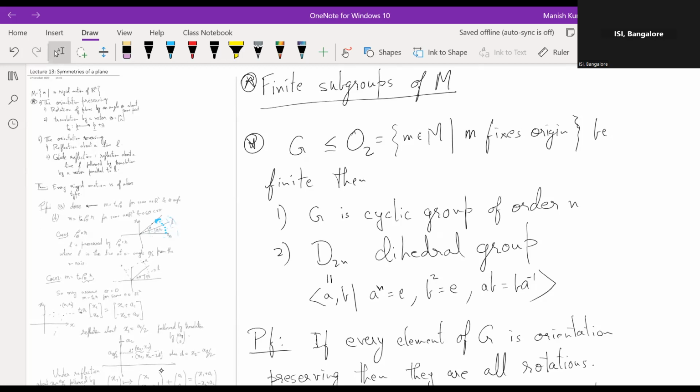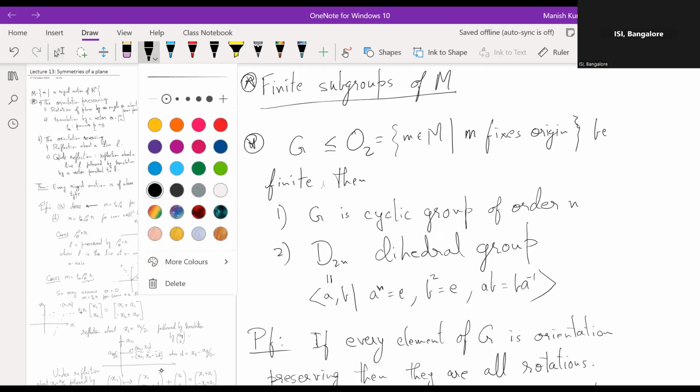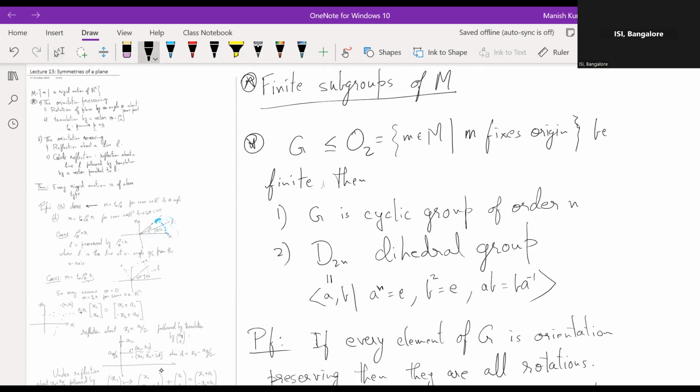So let G, a subgroup of O2, be finite. Less than or equal to is the notation for subgroup. Let me just write it.